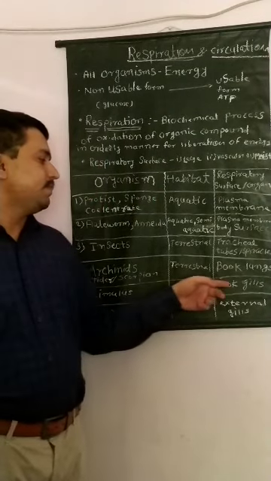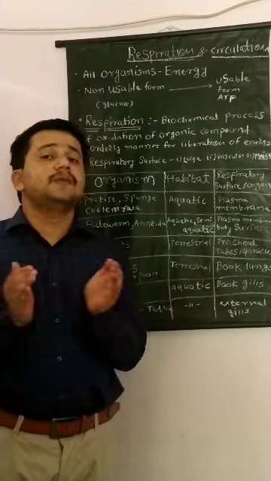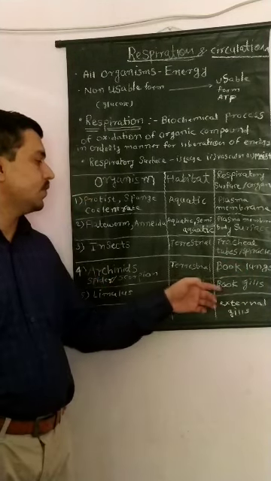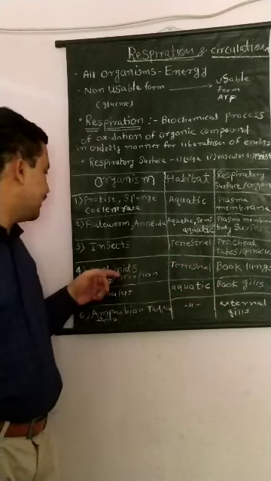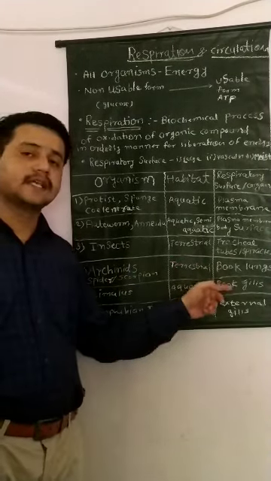So when simple gills are there in the fishes, that is called gills, but when gills come together they form a book-like structure, that is called book gills. So in arachnids book lungs are present and in limulus book gills are present.